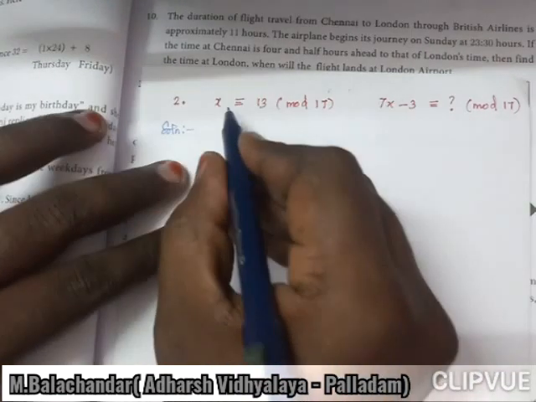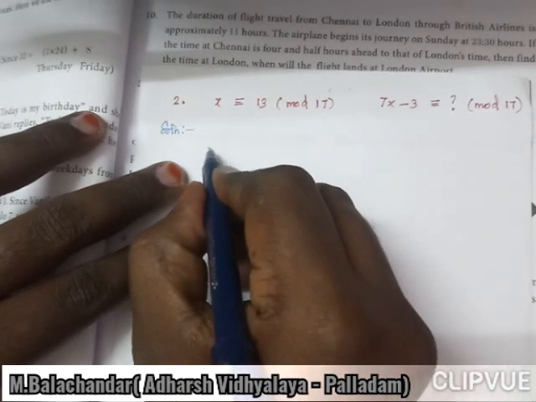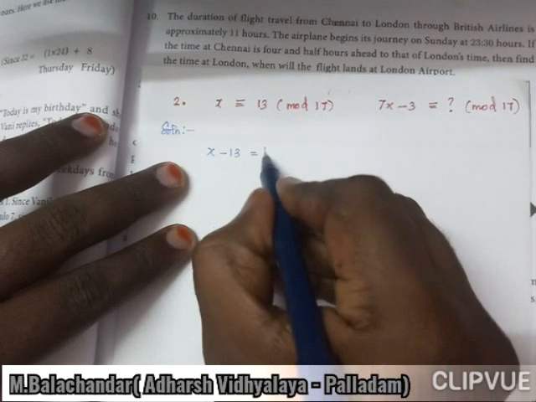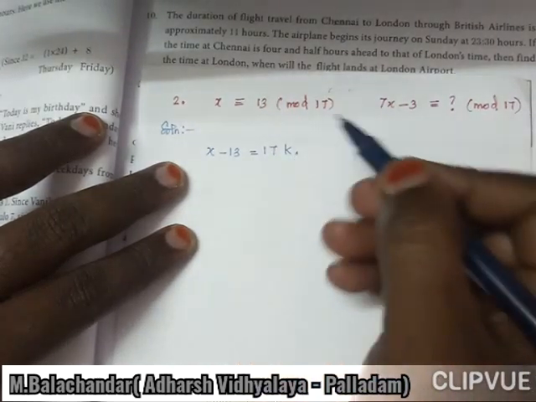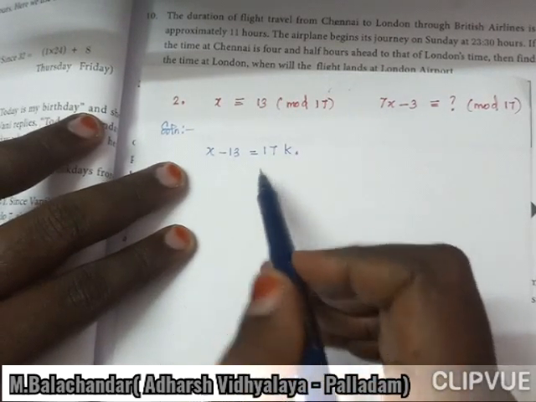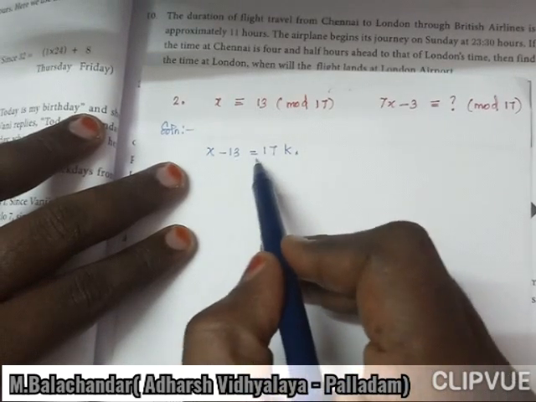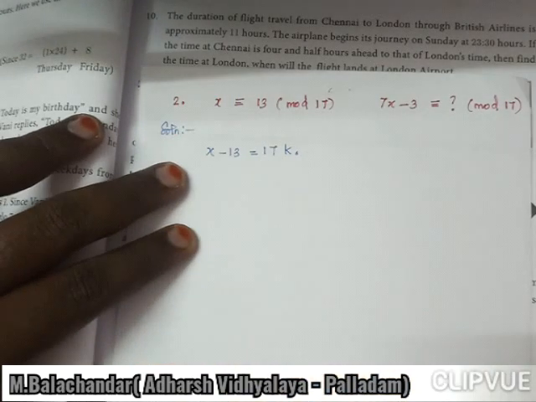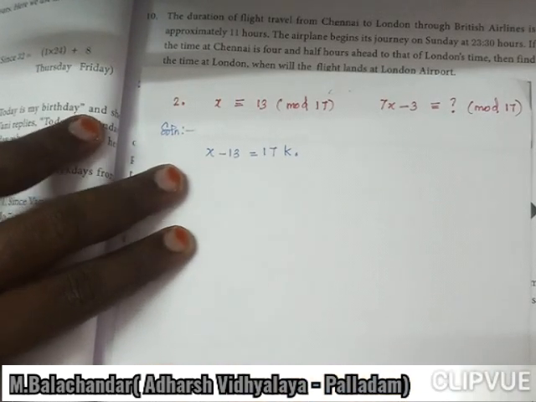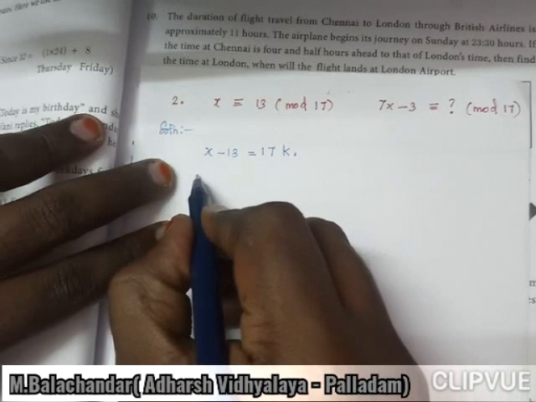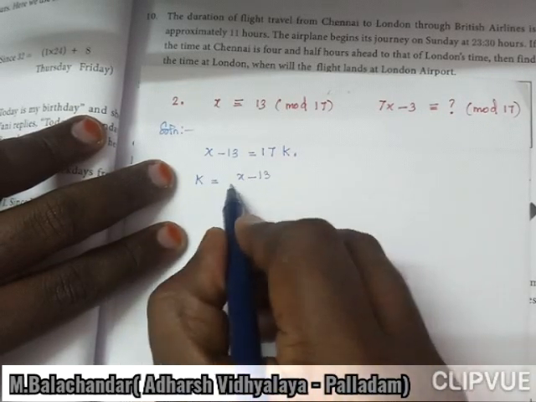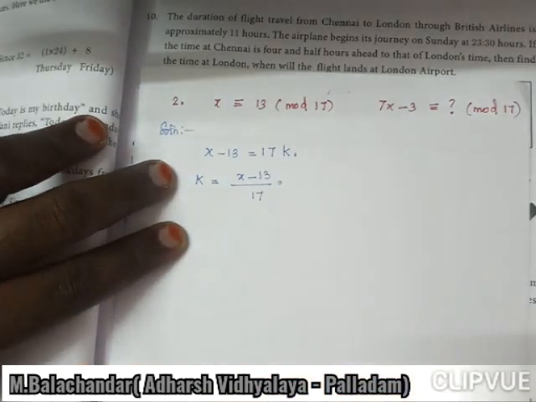First, from this one, x minus 13 is equal to 17k. So k is equal to (x minus 13) by 17.